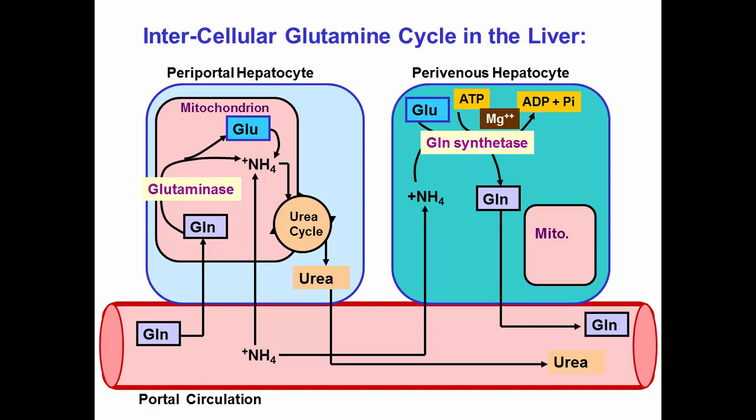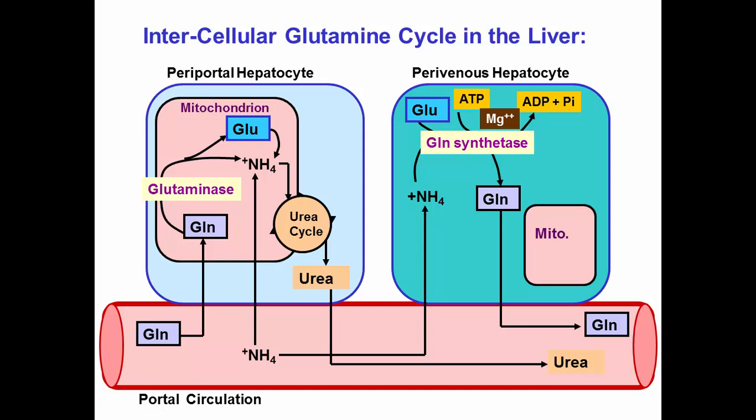The ammonia goes into the urea cycle. Glutamate has its own deamination reaction with glutamate dehydrogenase. So it's kind of a one-two step: glutaminase and then glutamate dehydrogenase gets us to ammonia that gets into the urea cycle. In the fed state, this is very active.